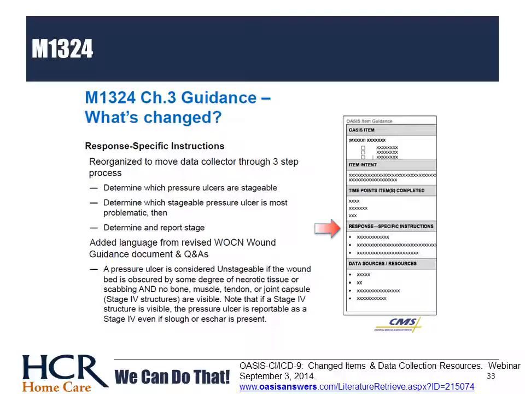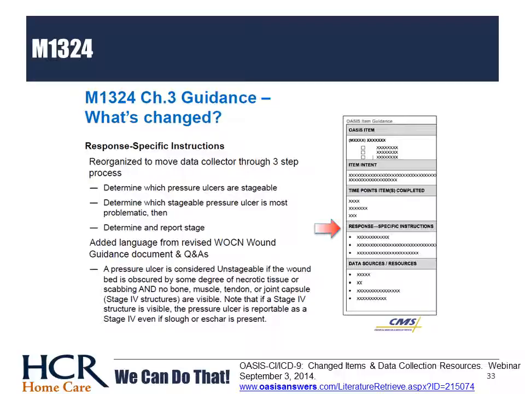And you'll be using your clinical judgment to make the determination of which pressure ulcer is most problematic. And it may not be the pressure ulcer with the deepest tissue involvement. So it may not be the stage 4 pressure ulcer. It could be a stage 2 pressure ulcer. Again, you use your clinical judgment to determine which one is most problematic.